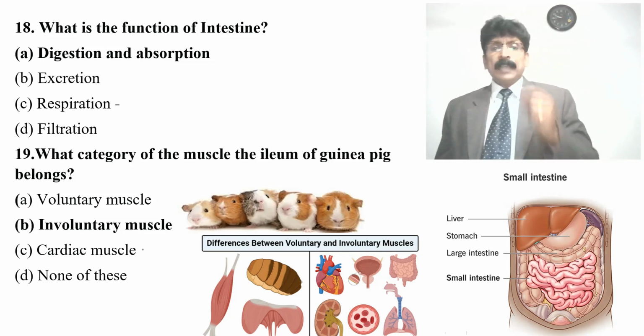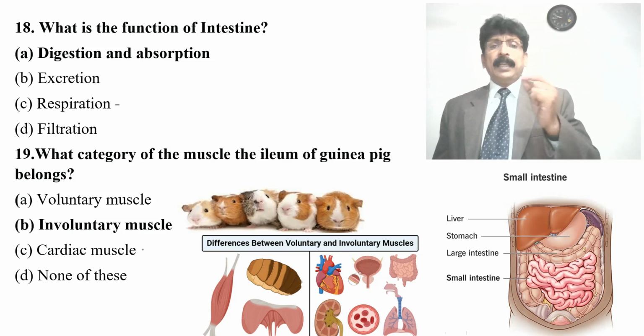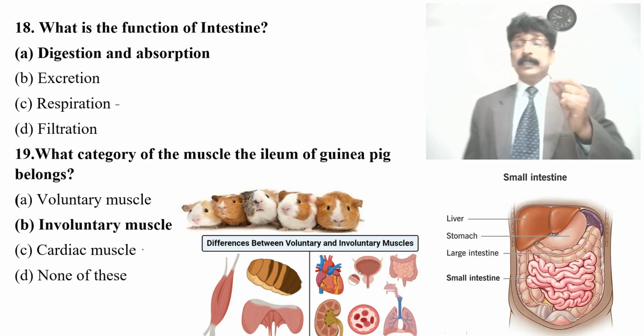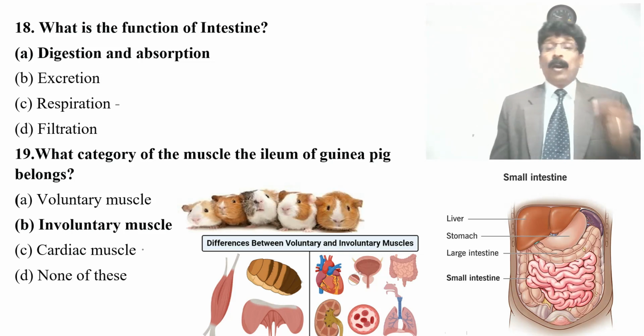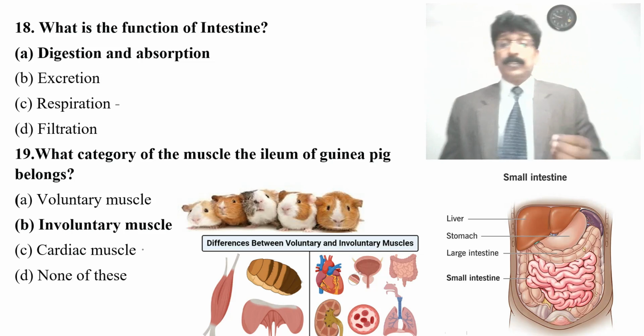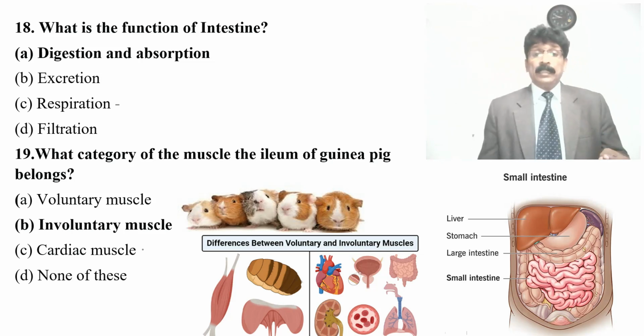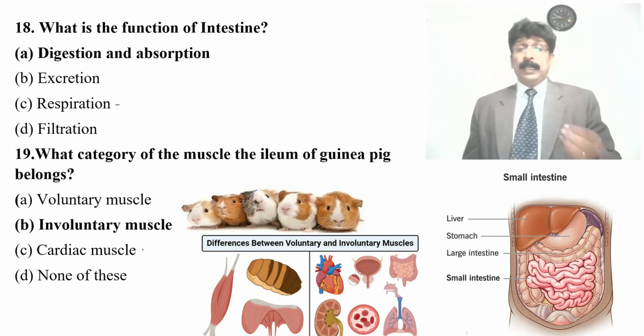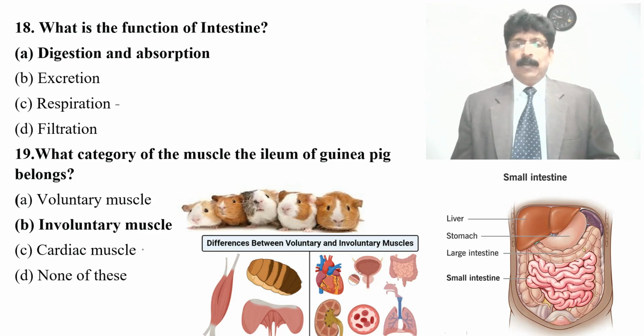The ileum comes in the intestine, in the GIT area. You can see the difference between voluntary and involuntary muscles very clearly in the picture.